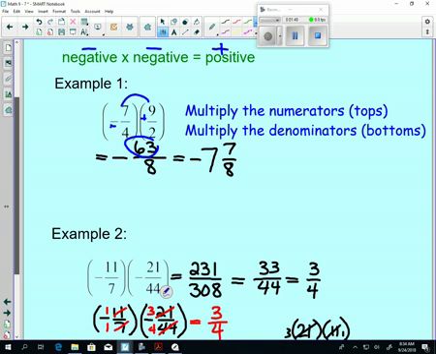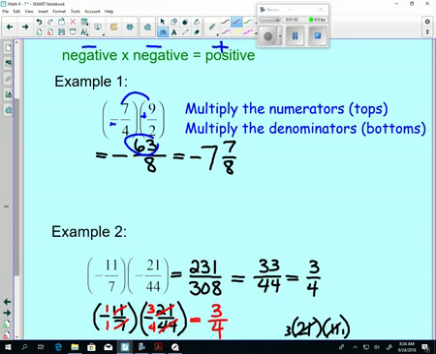Then we multiply the denominators, the bottom of the fraction, 4 times 2, and we get 8. So we have a negative 63 over 8. If we divide that, we'll get an answer of 7. So that's going to be negative 7.